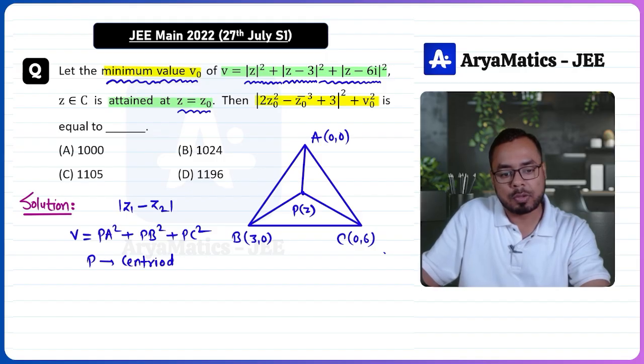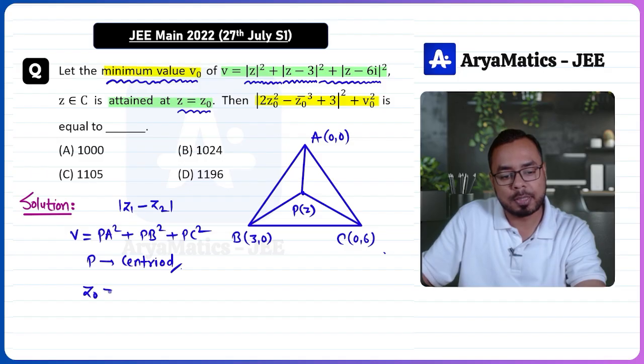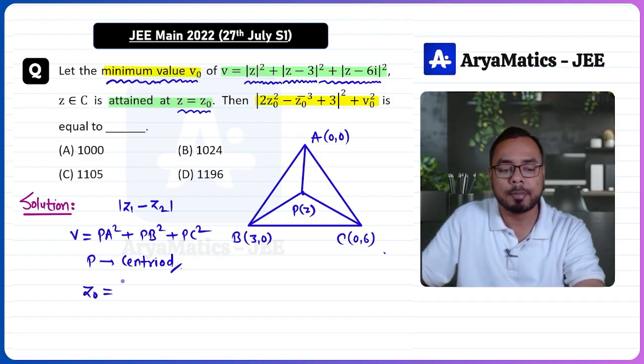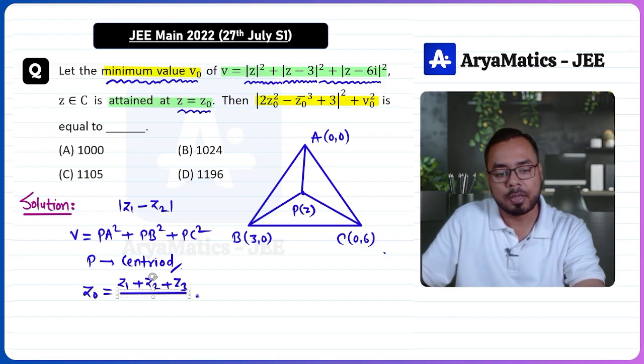These are the 3 vertices A, B, C. Therefore z naught must be (z1 plus z2 plus z3) by 3. That is the standard formula for finding the centroid.